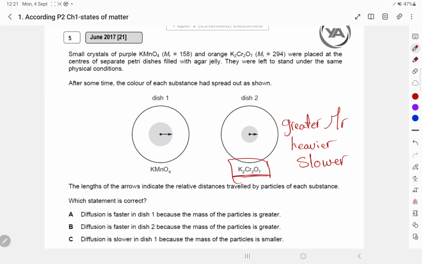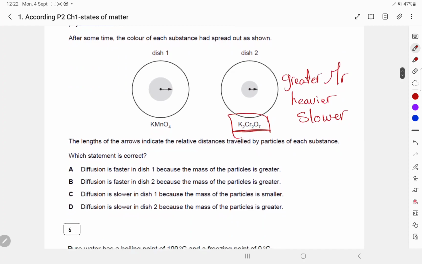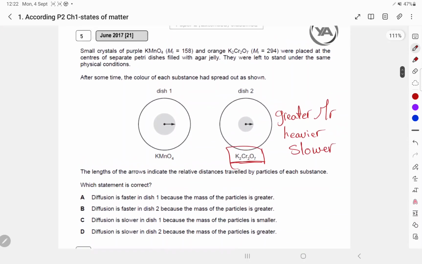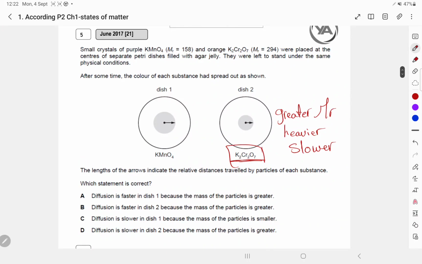They are placed at the center of separate Petri dishes filled with agar jelly. They are left to stand under the same physical conditions. After some time, the color of each substance had spread out as shown. So the length of the arrows indicates the relative distance traveled by the particles of each substance. Which statement is correct? So as we said, potassium dichromate has greater MR, heavier, so it will move slower.